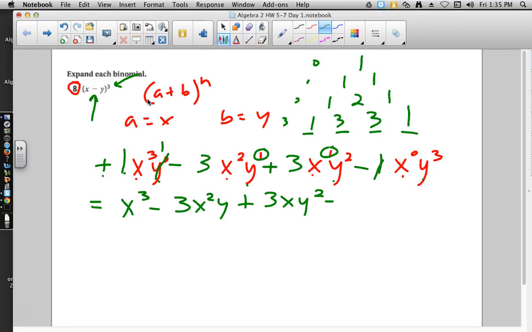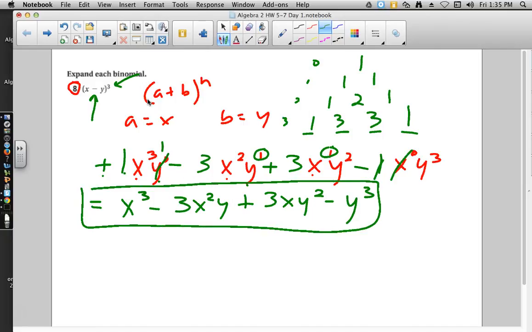We don't need this 1, we don't need the x to the 0. We just need the y to the third. And so this one is complete. And you can see the patterns again of the x's, the a term high to low, the b term, the y's low to high. And then you can actually really see the 1, 3, 3, 1 in this pattern.